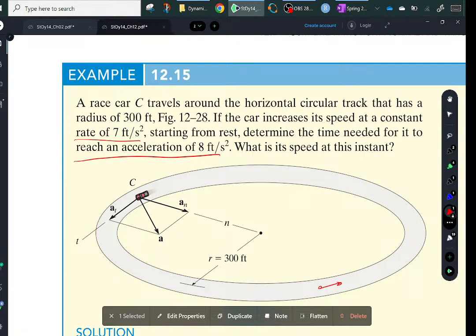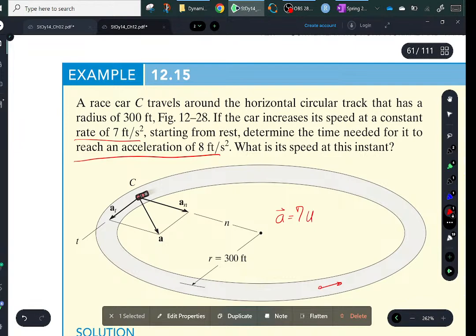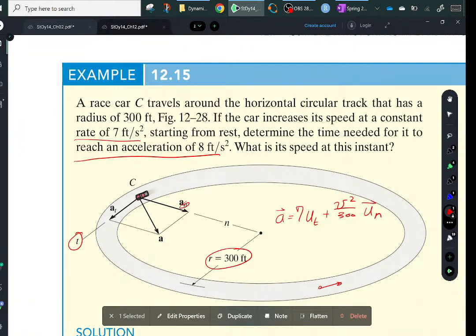Did you say a constant acceleration? So wait, the car increases at a constant rate of 7. So you have an acceleration, 7 UT plus, ooh, that's weird, v squared over 300 times UN. I keep wanting to call that r, but you'll see why I keep wanting to do that.